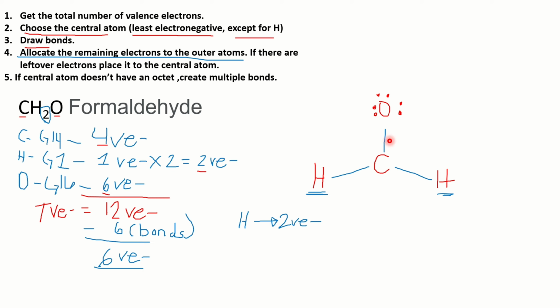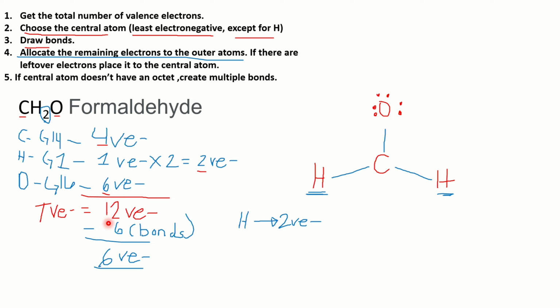Oxygen is happy because oxygen already achieved a full octet because of the 8 electrons. How about carbon? 2, 4, 6. Carbon has 6 electrons, so we need 2 more electrons. Now, you're not allowed to add more electrons because we have to follow the total valence electrons, which is 12.